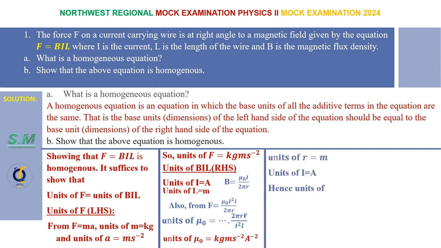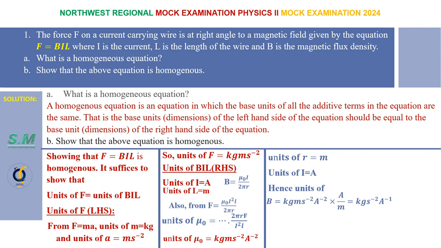So then we also get that the unit of R for B is the meters, and the unit of I is the amperes. Hence, the unit of B will be the unit of mu naught times the unit of current divided by the unit of meters.